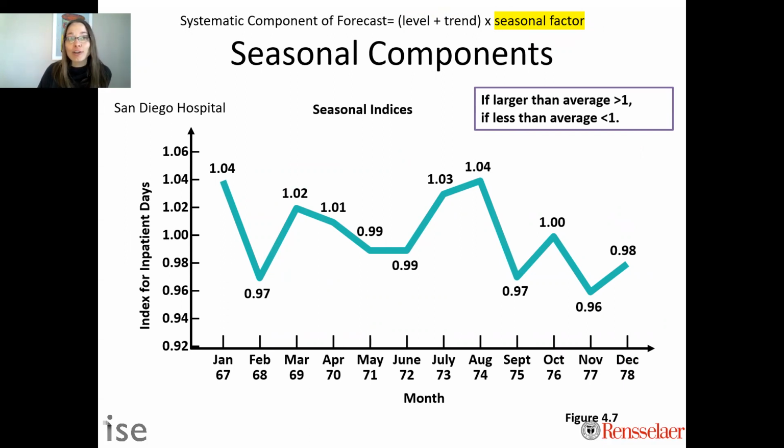And so if your data did not have any seasonality, the seasonal indexes would all be 1. I don't want to adjust them. There's no seasonality in my data. When you have seasonality in your data, we're basically saying, okay, this month is higher than usual, this one's lower than usual. And if I sum up all of these seasonal indexes, what do I get?